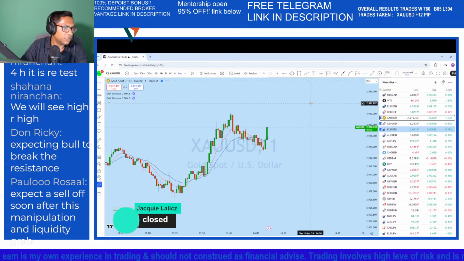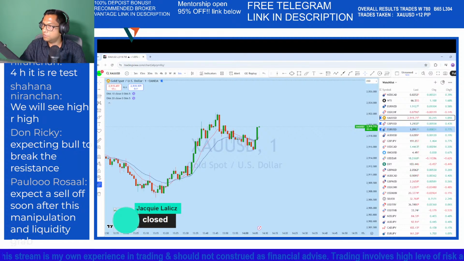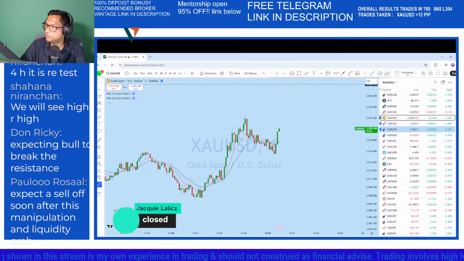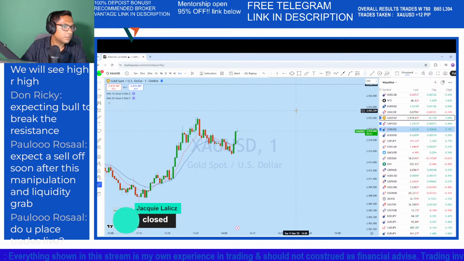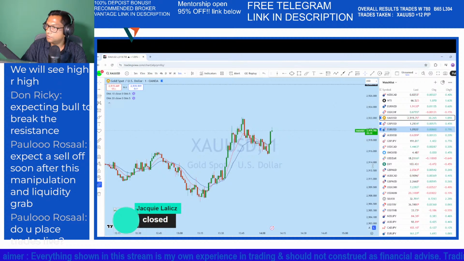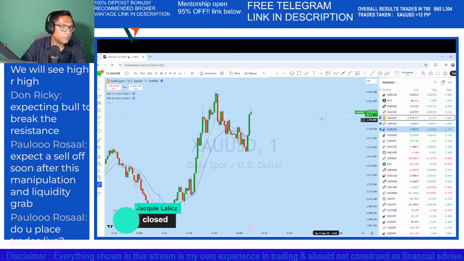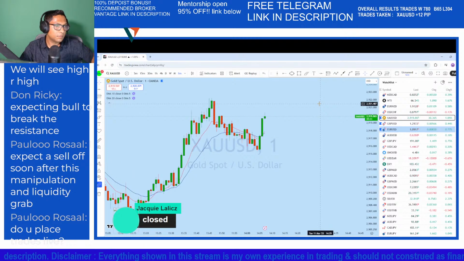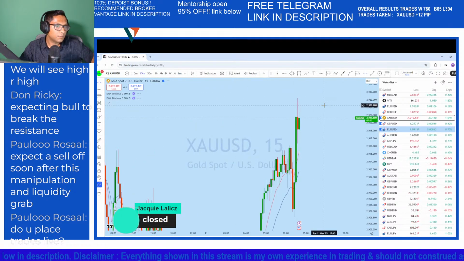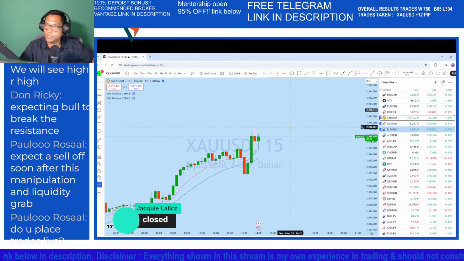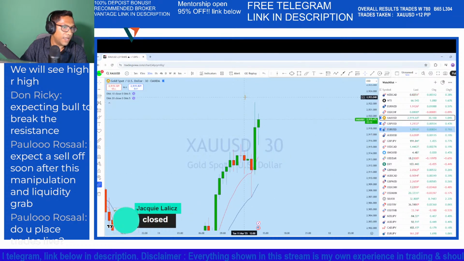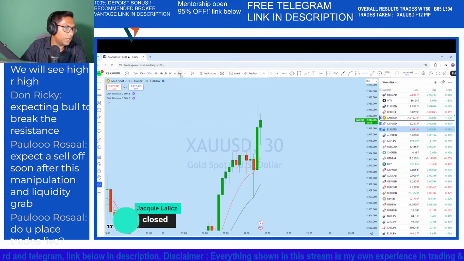So you might see a fill of the long wick at the top. If you look at the 15 minutes, you can see the market after the retest forming a bullish engulfing here, which eventually could lead price back to the upside. So waiting to see the market fill that long wick and then trend.